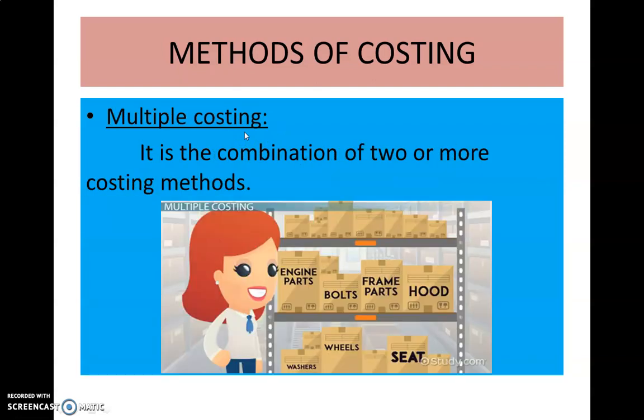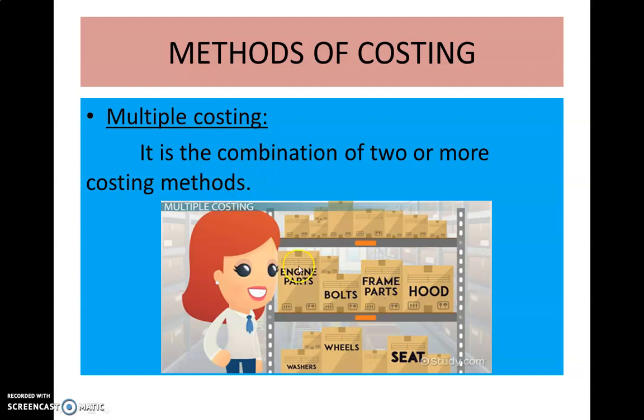Next one is called multiple costing. It is a combination of two or more costing methods. Multiple costing means a combination of two or more of the above methods. This method of costing is adopted in manufacturing concerns where a variety of parts are produced separately and later assembled into a final product.